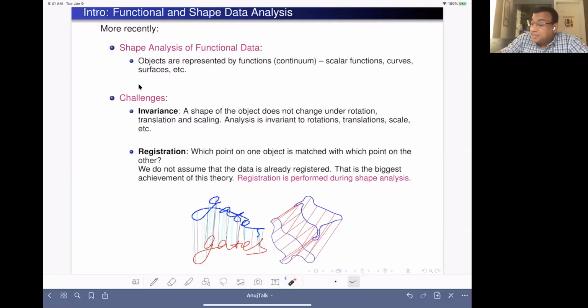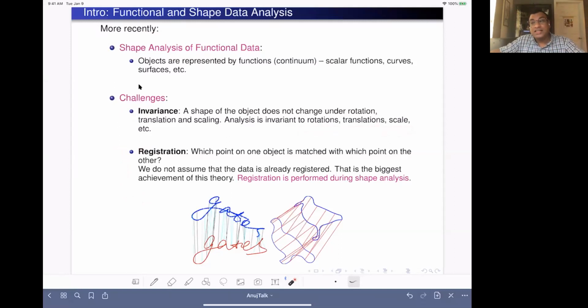What are the challenges in shape analysis, generically speaking? The first one, which I hinted at briefly in the last slide, is invariance. If you take an object and just rotate it, or translate it, its shape does not change. So shape is something that is invariant to certain transformations, like rotations, translations, and even global scaling.